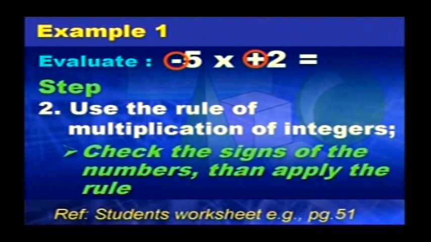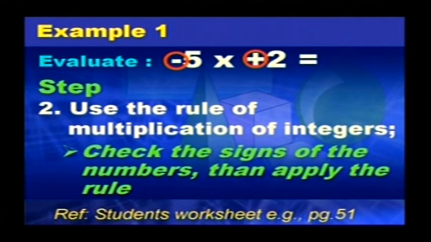You check the signs of the numbers, then you apply the rule. The signs are on the expression circled in red. You check those two signs. Right now, those two signs are what? Negative and positive. Negative multiplying a positive integer.